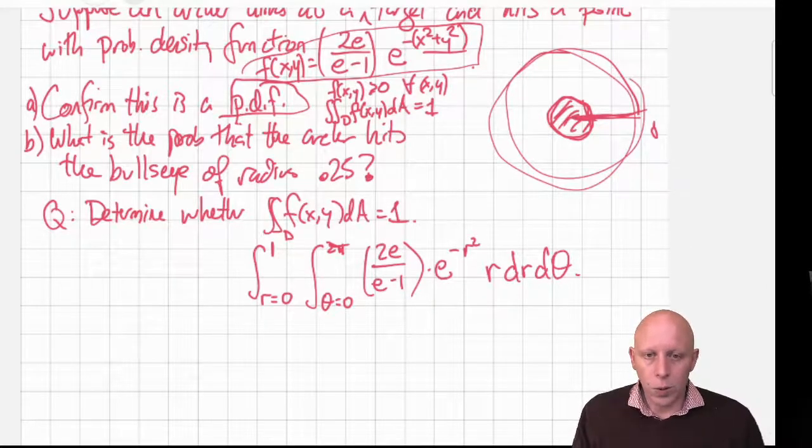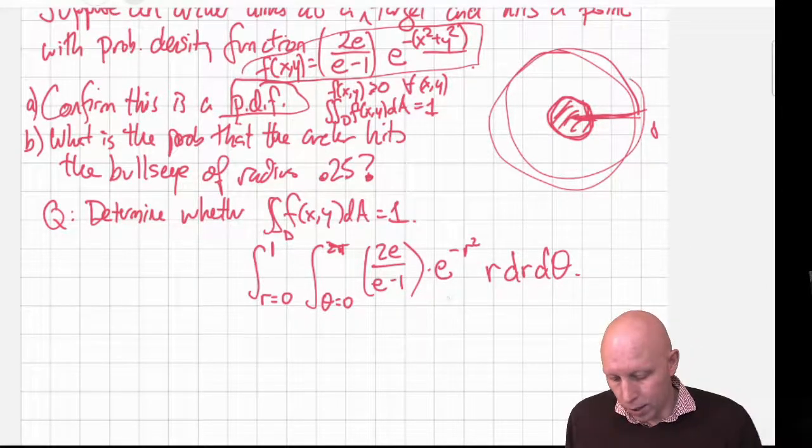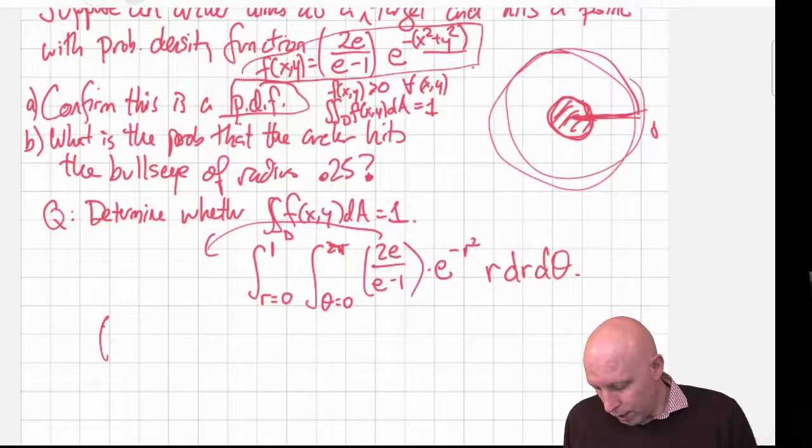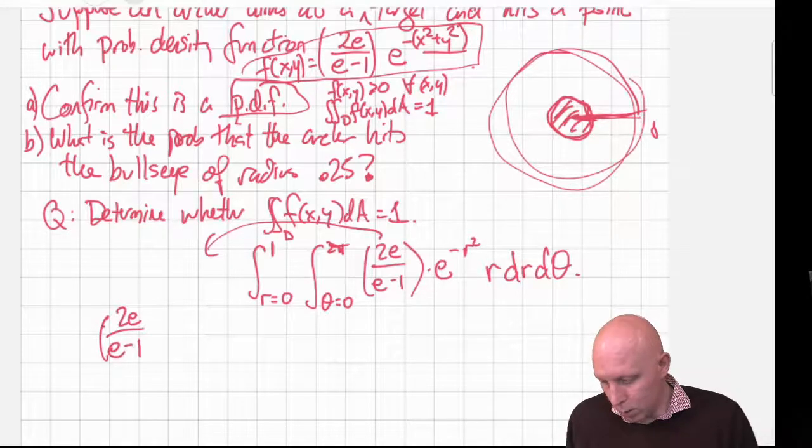Okay, so this looks like a substitution integral. First, we'll bring out our constant. So we have 2e divided by e minus 1.